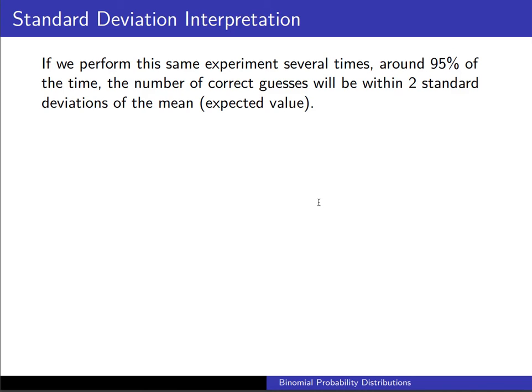In that case, we'd probably give them a test on something they would not be expected to know at all, so we can hopefully guarantee that they're just guessing. Around 95% of the time, the number of correct guesses is going to be within 2 standard deviations of our mean or expected value. So again, our mean is 2 in this case, and our standard deviation is about 1.25 questions.